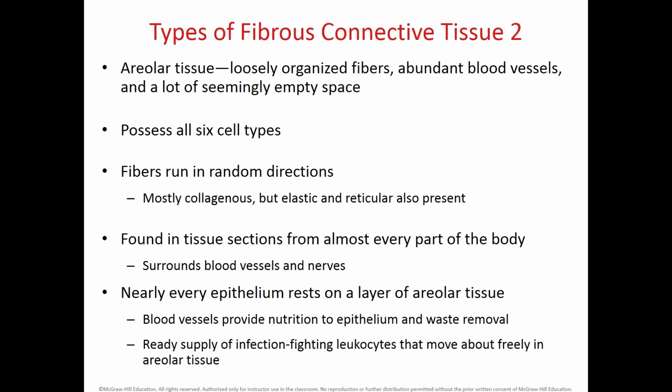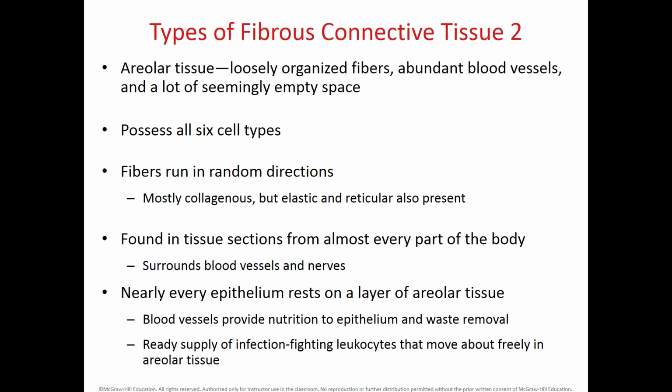And within this areolar tissue we have 6 cell types, and the fibers are made out of collagen fibers, reticular fibers, and elastic fibers. But the most abundant will be collagenous fibers.